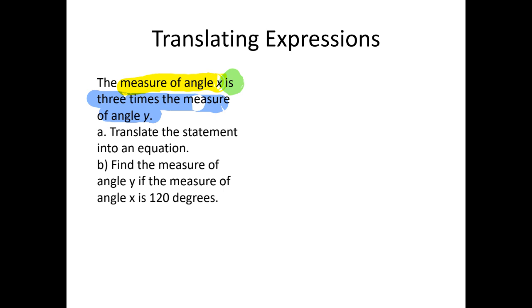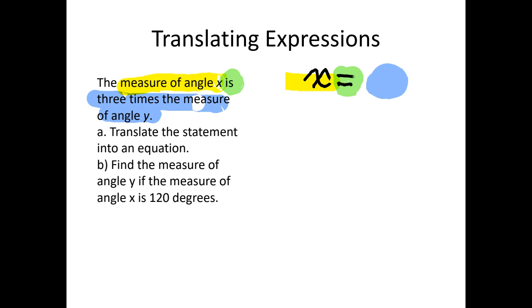The measure of angle X. So we're going to write X is, that's my equal sign. Now then, they tell me 3 times the measure of Y. This is 3Y.